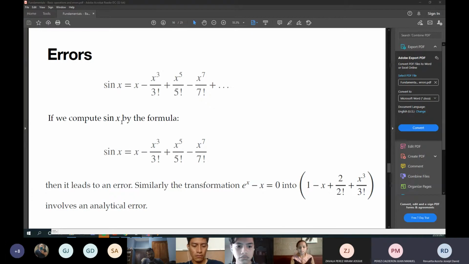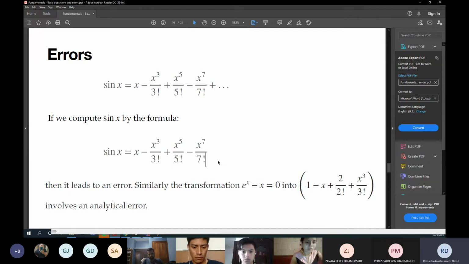So that would be the sine of 5 in radians. But now I'm asking you to use this formula to compute the sine of x. En lugar de utilizar el seno de x, utilicen esta fórmula para calcular el seno de x. Sustituyan x, que en este caso es 5, in these 4 terms. It's going to be completely inexact, so don't get surprised, don't worry. Just do it and let me know the result.